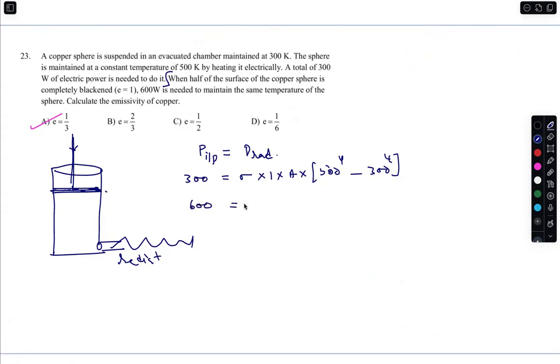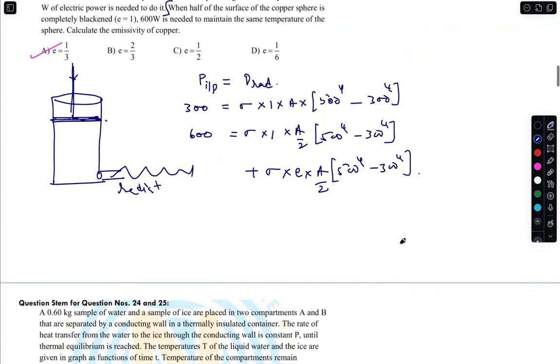Now 600 watt is equal to sigma into 1 into A by 2 into 500 power 4 minus 300 power 4 plus sigma into half, where emissivity is E, because the half is not black, into 500 power 4 minus 300 power 4. You have now two equations. Equation 1, equation 2. Go for ratio.